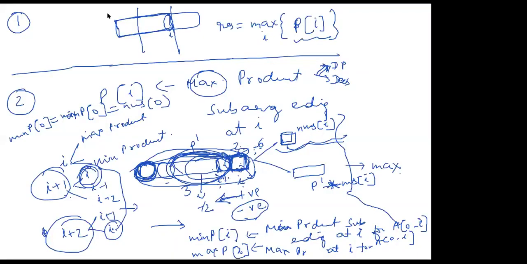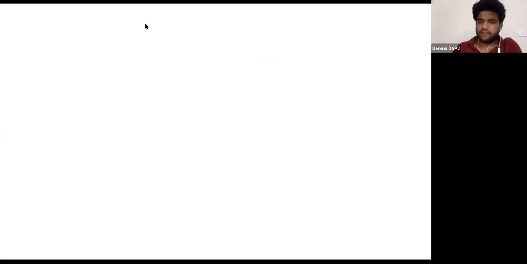If it is ending at i and i is odd, then we will see for i minus 1 what is the longest subarray, and we check if we can satisfy the condition given in the question, that if it is odd, then it must be greater than i plus 1. Yeah, it is basically what you are saying. I got your thinking. I'm not able to describe it, but I got your idea.